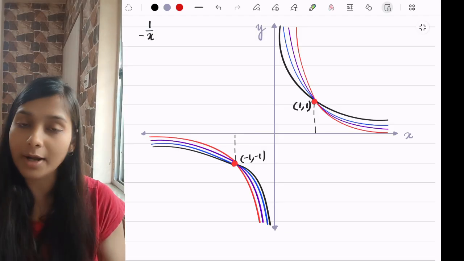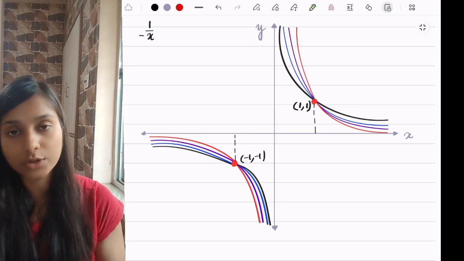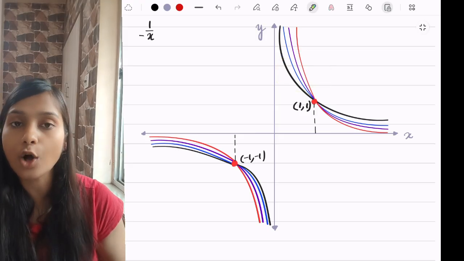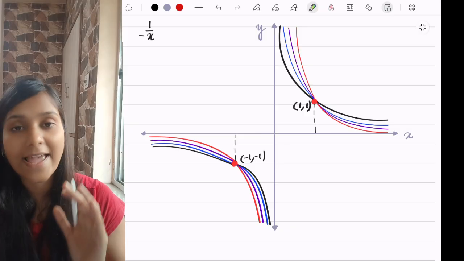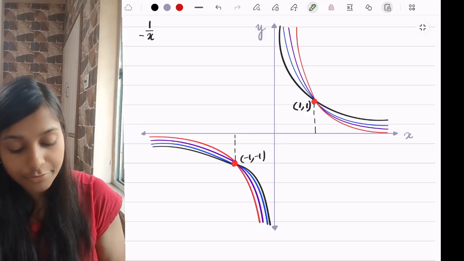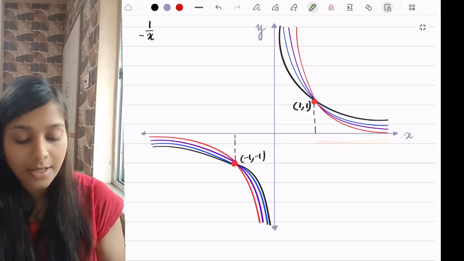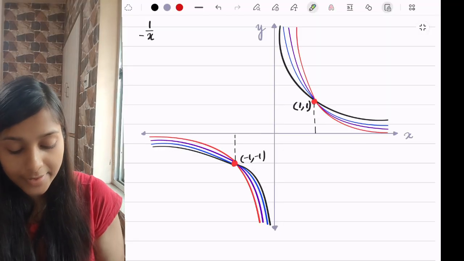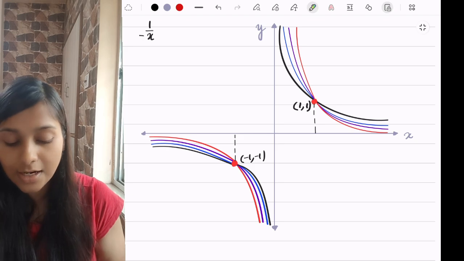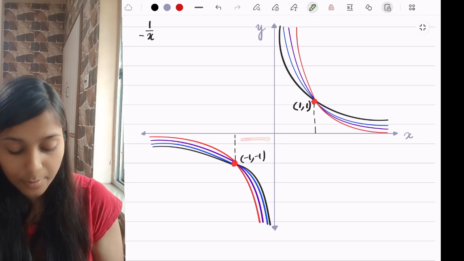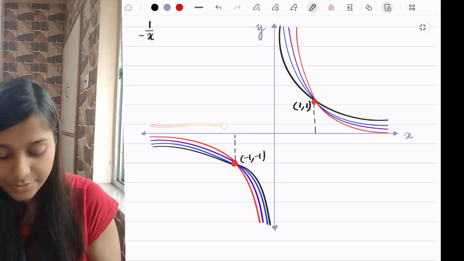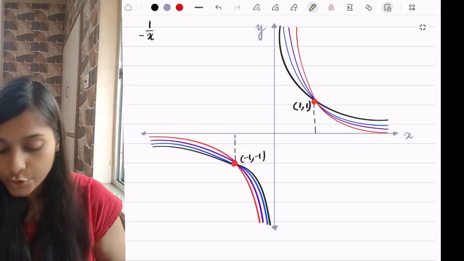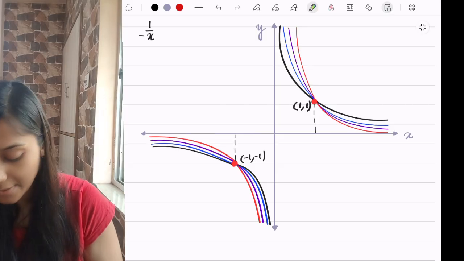For 1 by x, we have already known the property, and these other curves all satisfy the same kind of properties, except that in different regions, like this one, the 1 by x curve lies above the other ones. However, in this region, the 1 by x curve lies below. Again, here the 1 by x curve lies above, and this region is where the 1 by x curve again lies below the other curves.